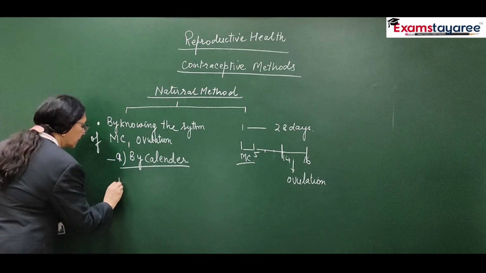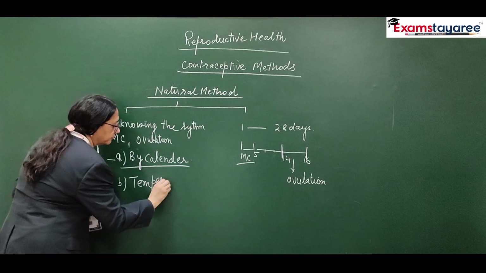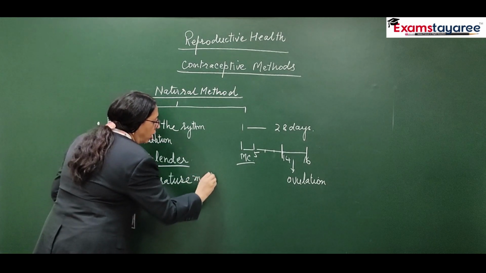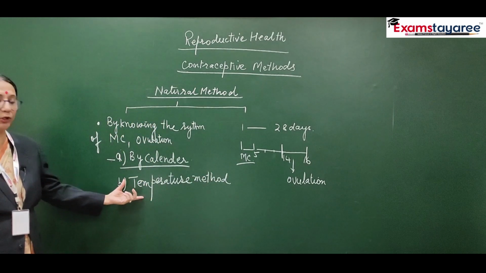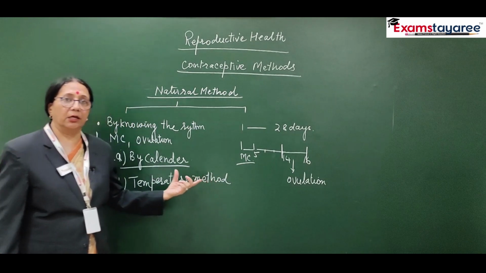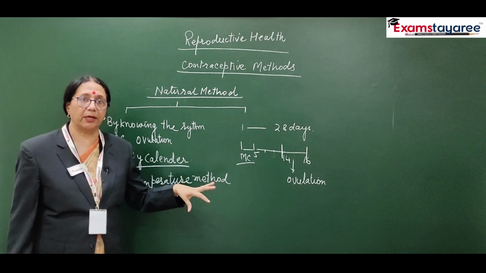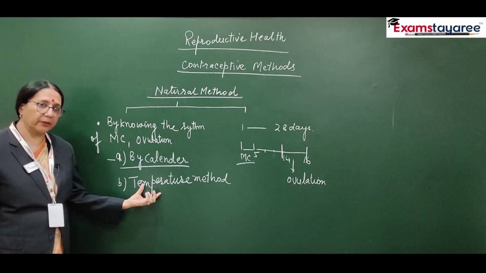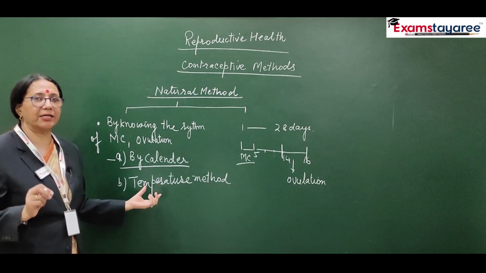Second method is temperature method. Now along with the calendar method, this method can be useful. Temperature method means that when ovum is released, the female has to take her temperature every day just as she gets up.